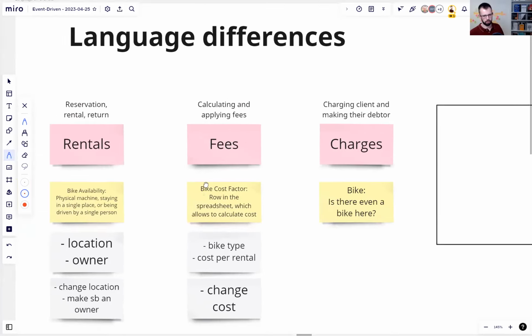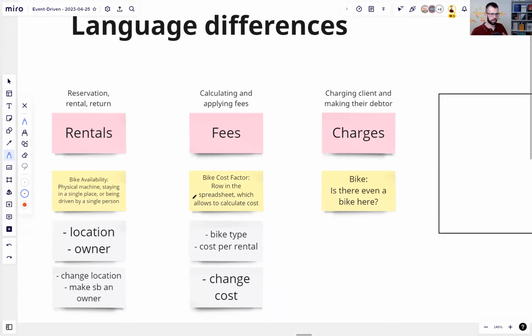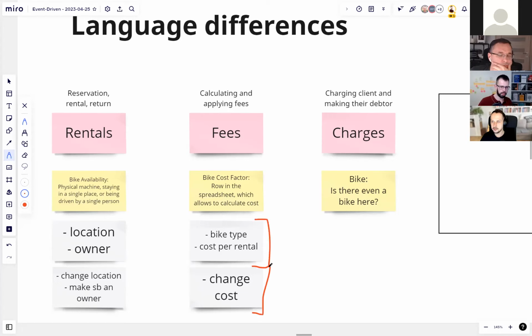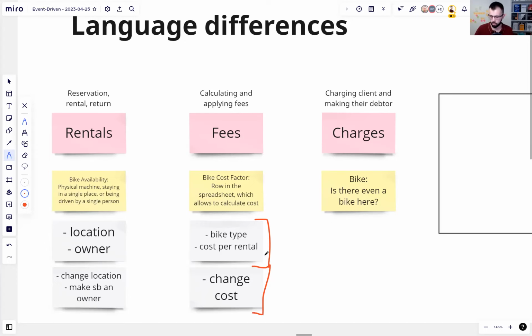In this context we won't think about the bike as a location or its current owner, but about the cost of renting it, or the type of bike rented, and we can change this cost. So we have both behaviors and attributes of this definition.